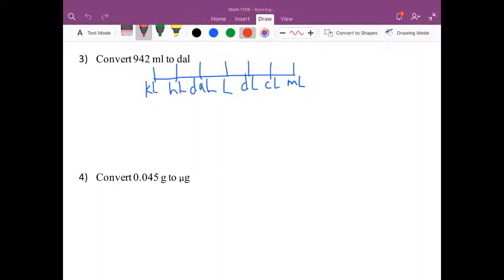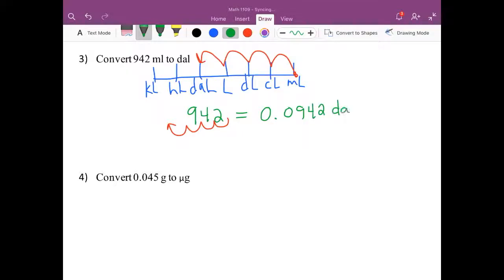So in this case, I'm going from milliliters to decaliters. 1, 2, 3, 4 jumps to the left. So I'm going to take my number and I'm going to do 4 jumps. 1, 2, 3, 4 jumps to the left. So I get 0.0942 decaliters. Okay.